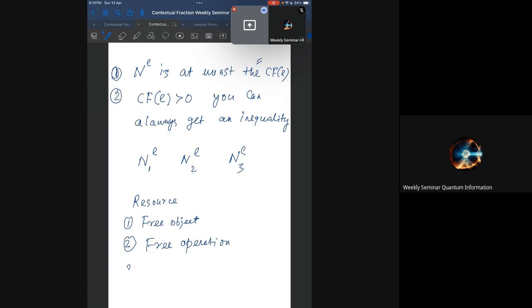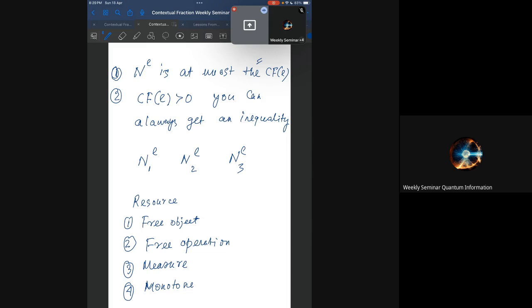The third tool is a measure. When formulating a resource theory, I have to represent these things very accurately. And the fourth thing is the monotone. A monotone is some function of the resource object that does not increase under these free operations. In the entanglement resource theory, these are concurrence, entanglement of formation, distillable entanglement, and those things.